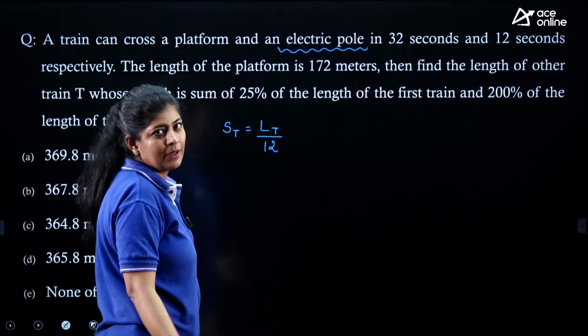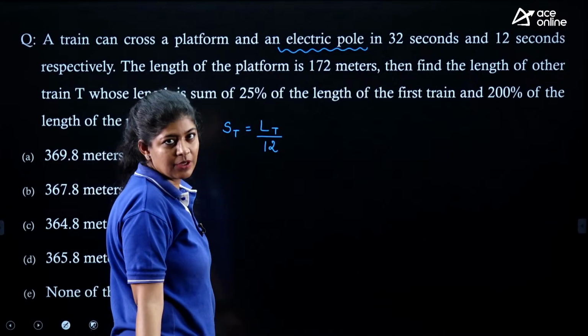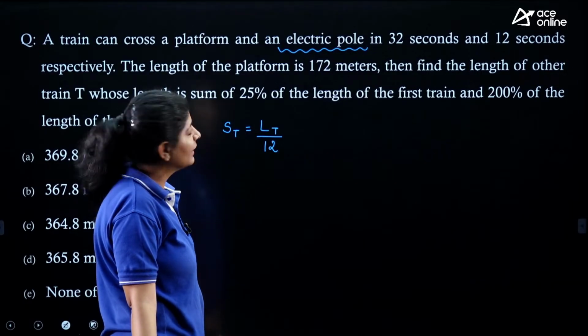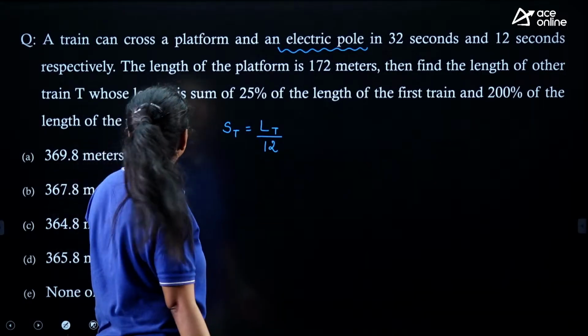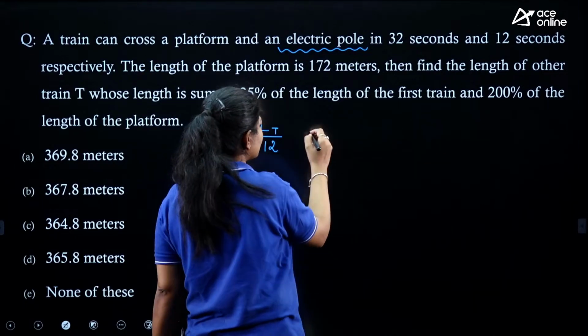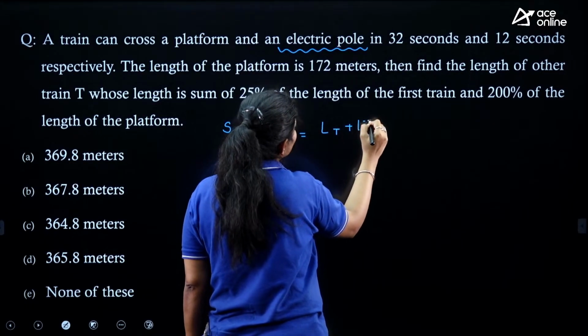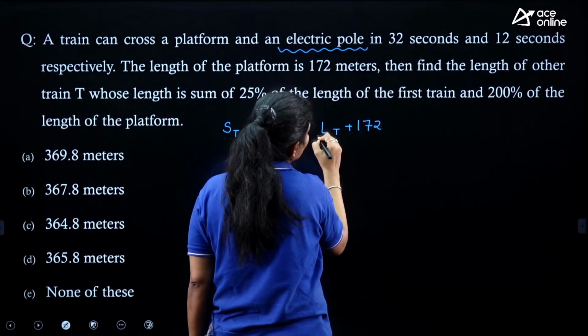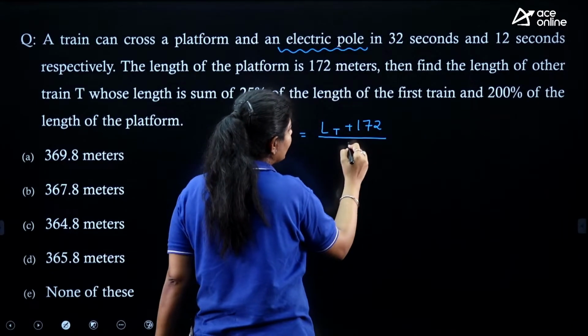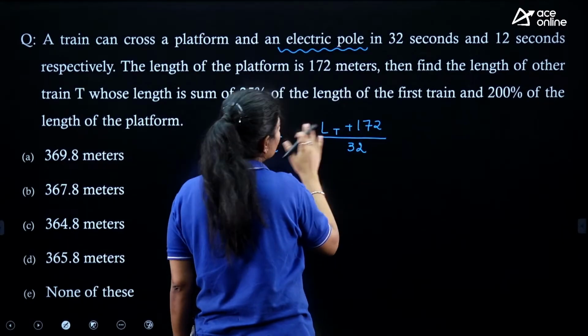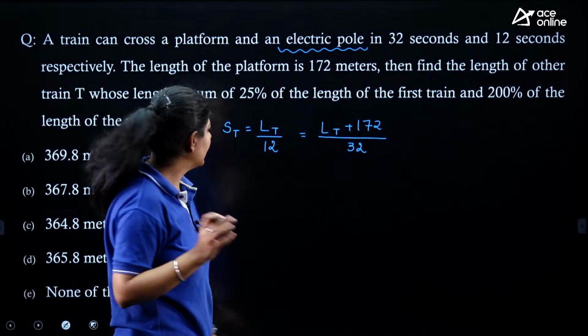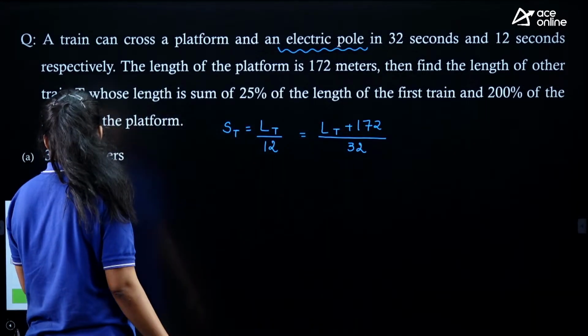This we can write with the help of the data that we have with the electric pole. Now, the question is saying that this is also equal to the length of the train plus 172, which is the length of the platform, divided by 32. Both of these things are equal, right? Now, can we reduce it?